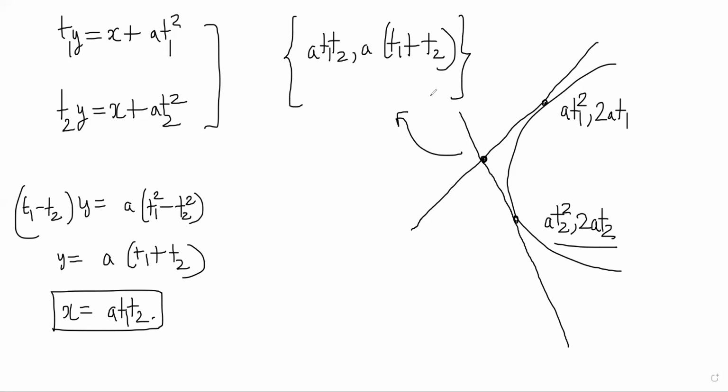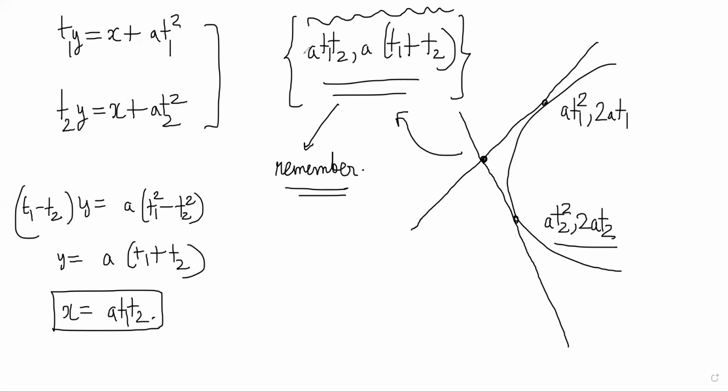This is obtained by just solving the tangent equations. But again, it is important to remember this because there are many instances where you get situations where you have to find the point of intersection of the tangents. So it is better to remember this. At this point and this point, what is the intersection of the tangents? It is a t1 t2 comma a(t1 plus t2), right?